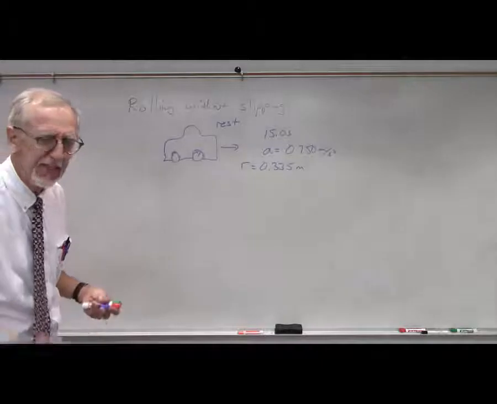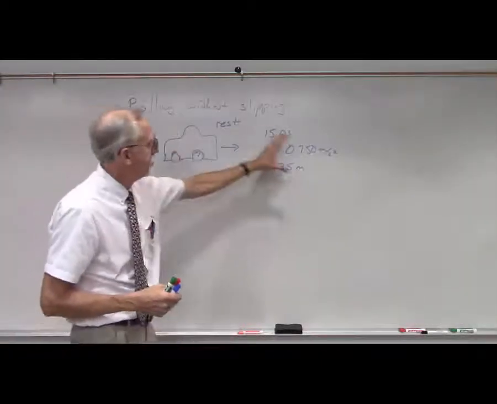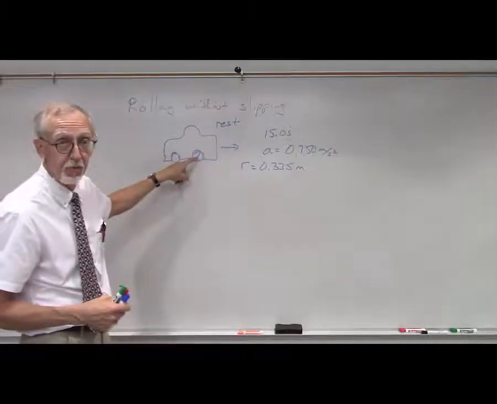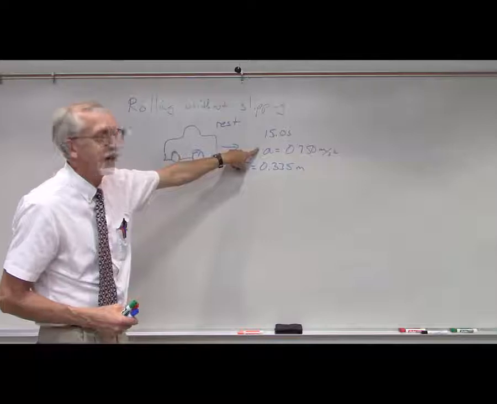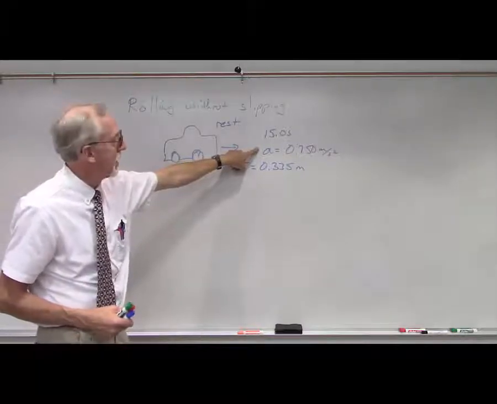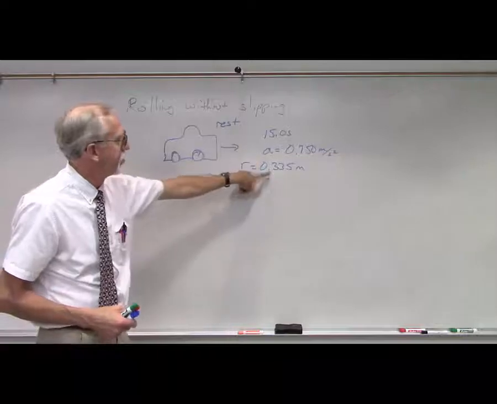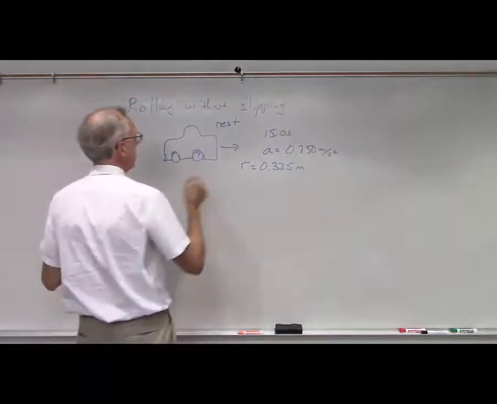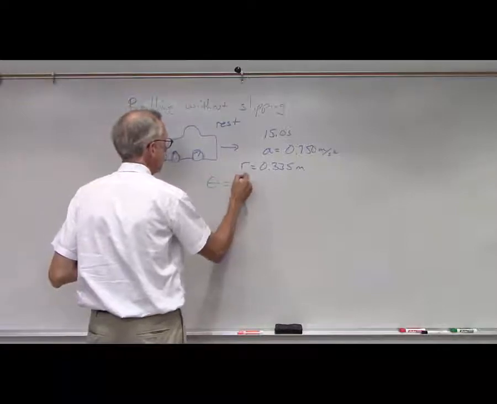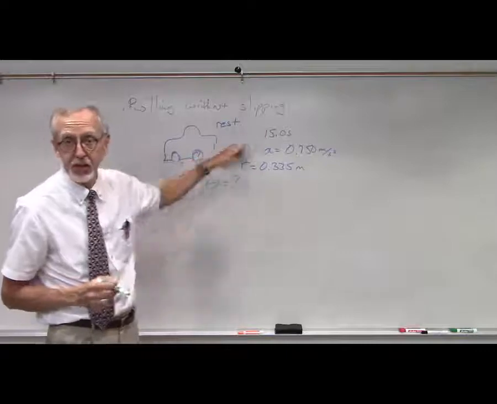Okay, so let's think about this. The car is starting from rest. It's starting to speed up. The tires, starting from rest, start to rotate. The car is accelerating linearly at 0.750 meters per second squared. The tires have a radius of 0.335 meters. The question is then, through what angle do the tires rotate in this time, 15 seconds?